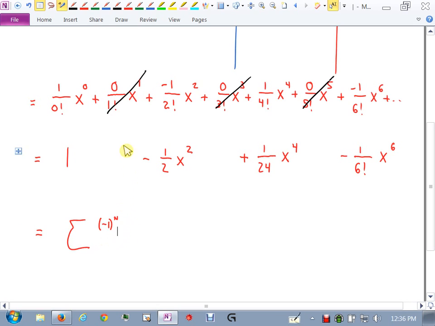And then what's happening on the bottoms? I've got 0 factorial, then 2 factorial, then 4 factorial, then 6 factorial. Those are all even numbers, right? Starting with 0. So I need to do what on the bottom here? To make evens, 2n factorial, but hold on, because we're starting at 0.